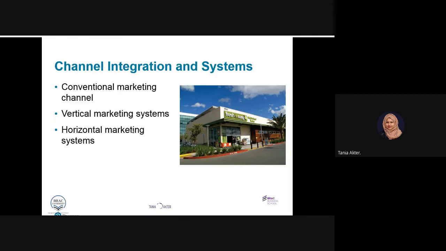So this is the example of horizontal marketing where the supermarkets are having a coordination or arrangement with the bank to give customers payment service. This way they can reduce the risk or can actually complement each other.